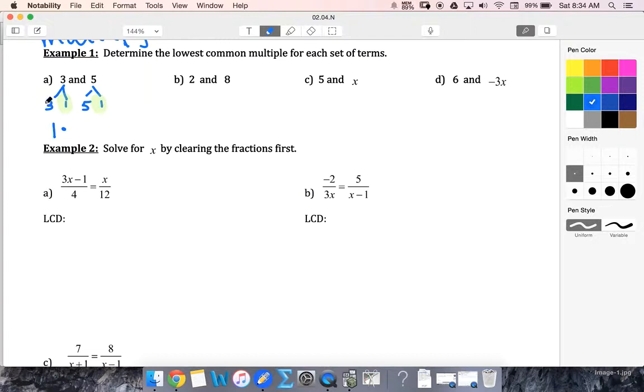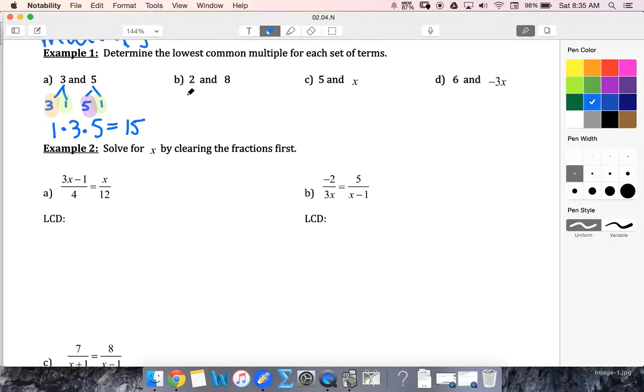And then I have to have the items that are not shared. So then I have a 3, and I have a 5. So those also go in to form my least common multiple, 3 times 5, and that's 15.